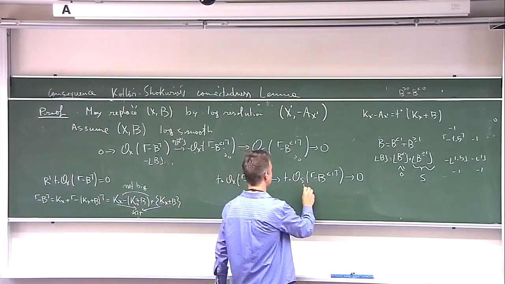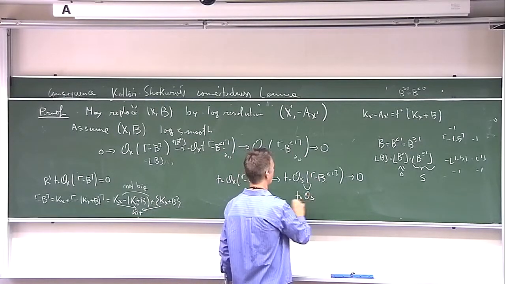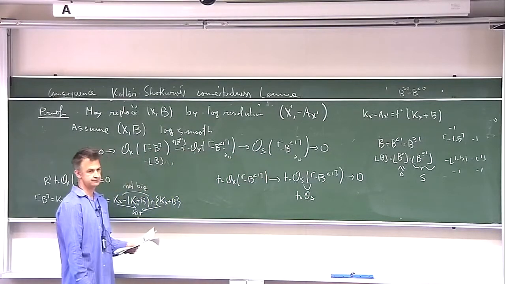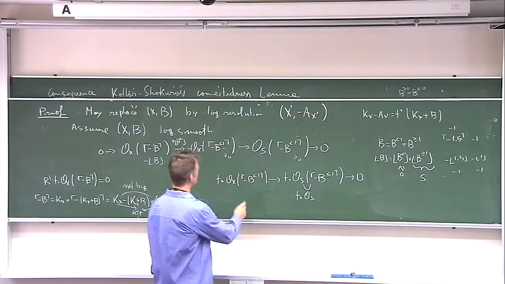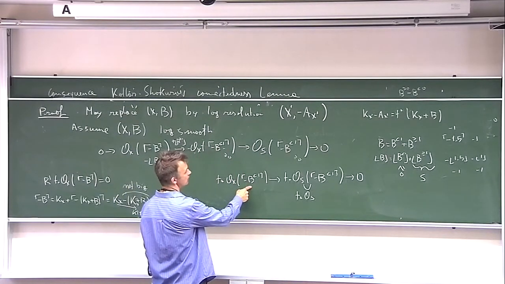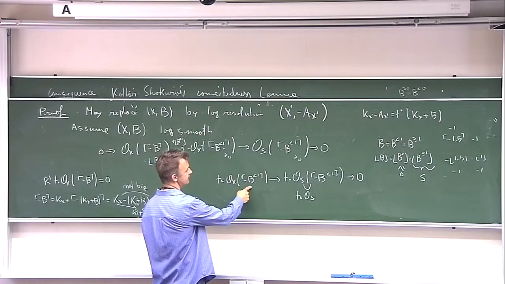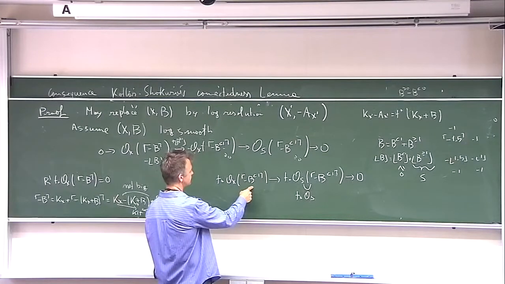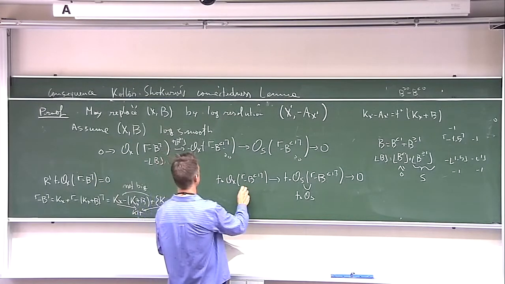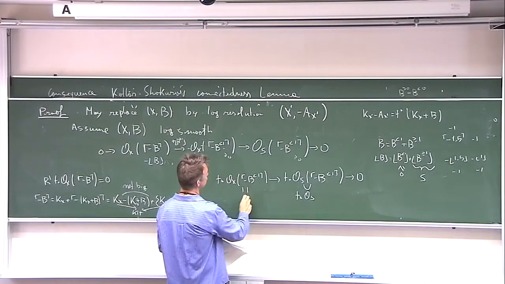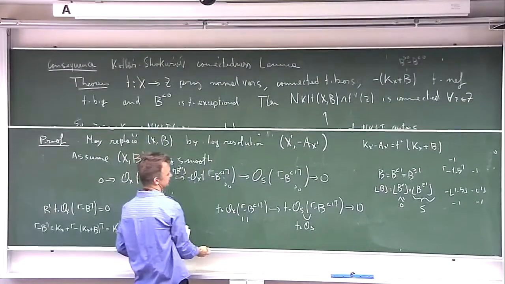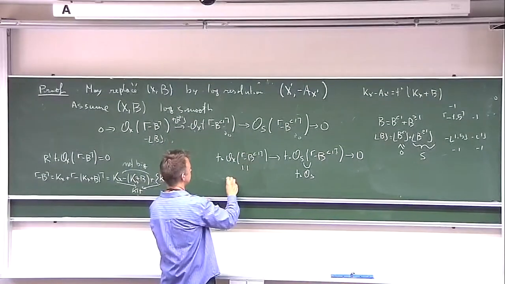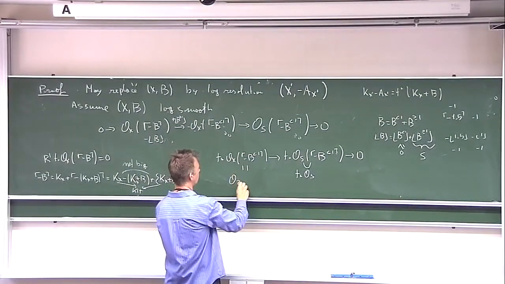So this guy here contains the push forward of O of S. And this guy here is going to be also, well, effective, as I just said, and exceptional. So this push forward here is going to be equal to, by assumption, the map went to Z and it has connected fibers. So this is an effective exceptional divisor. So this is going to be of the form OZ.